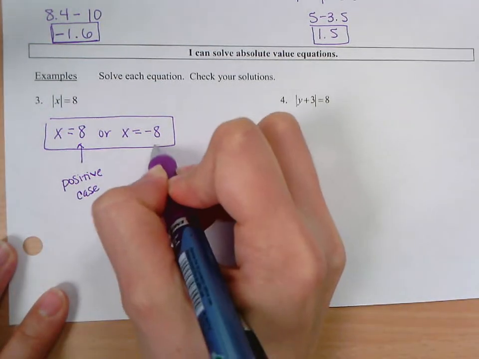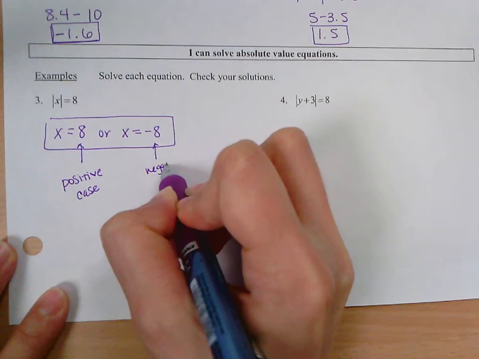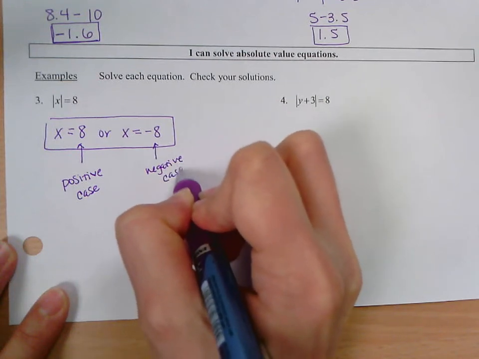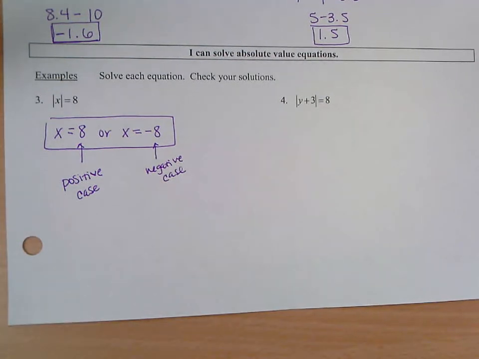But you have a positive case and you have a negative case. Okay, so as we're going to see in the next example, you might then have further solving to do. But whenever you have an absolute value equation, you want to split it into its 2 equations, its positive case and its negative case, and then continue solving to get your answers.